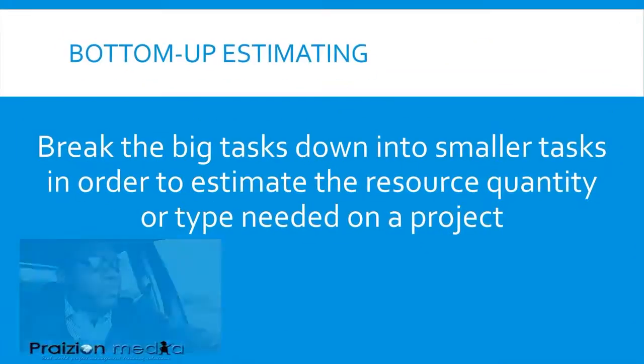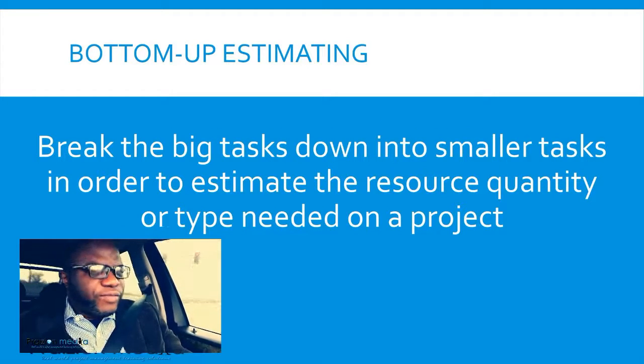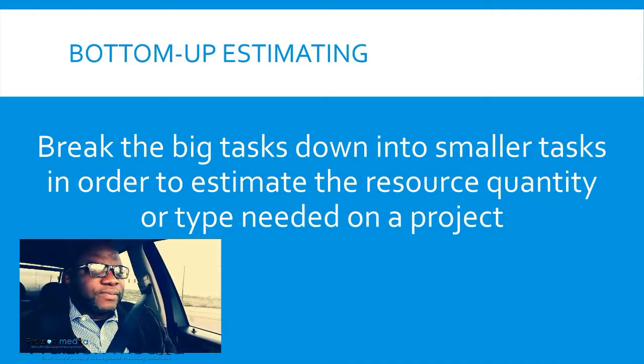One of the big tools and techniques that's used here is bottom-up estimating. This is where you would decompose an activity or task down to even lower levels to get a better idea of what exactly is needed for a particular task, also called activity, on a project.